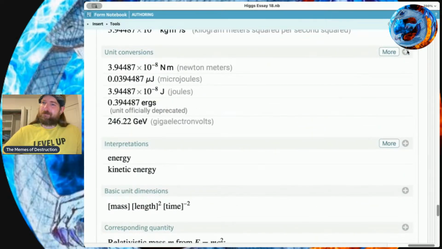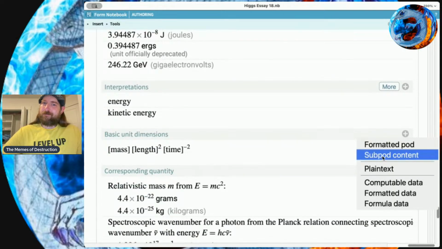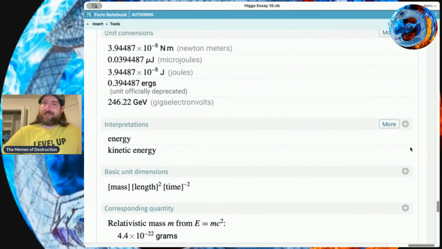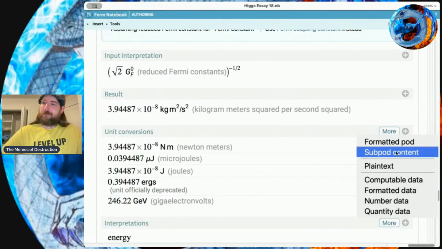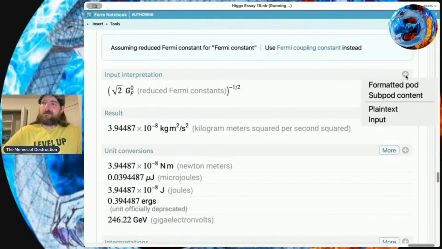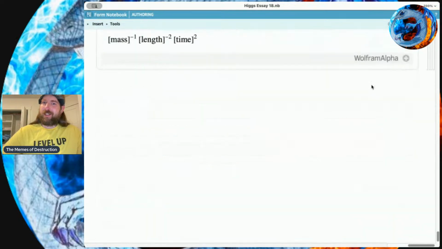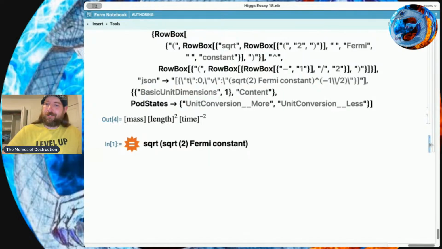Energy. Yeah, the stuff and things. And then delete this one because we did the wrong thing.